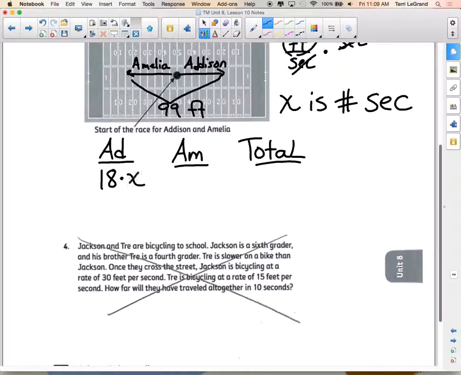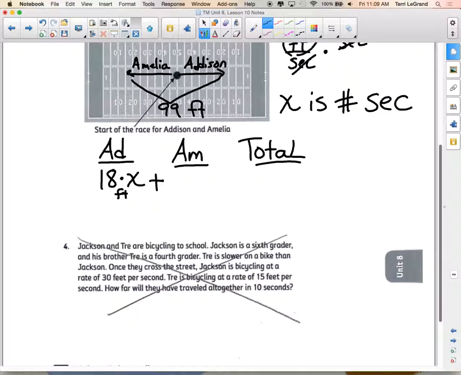So Addison is running at a rate of 18 feet per second times the number of seconds. So 18 times x should get us how many feet Addison runs. Is this a plus problem? Yeah, because together there's a total amount of feet they're going to run.